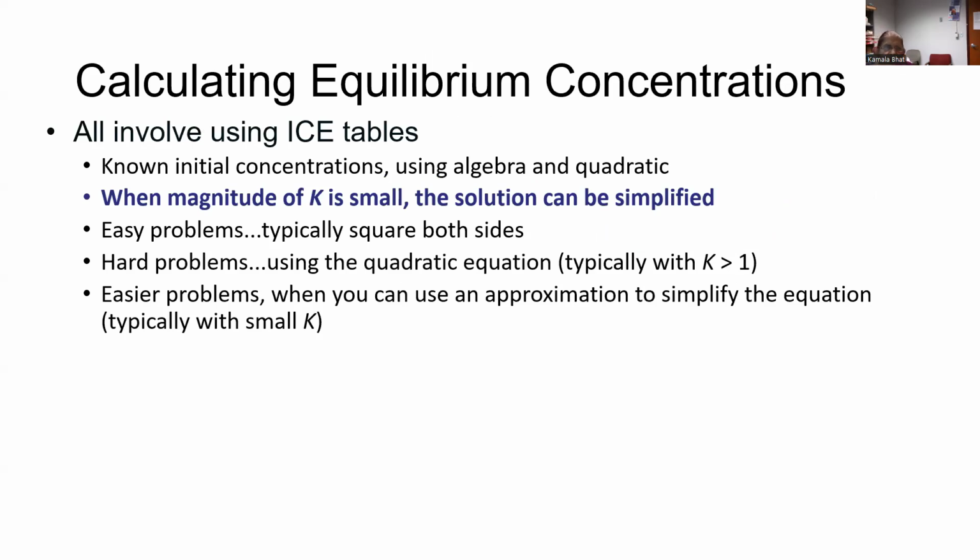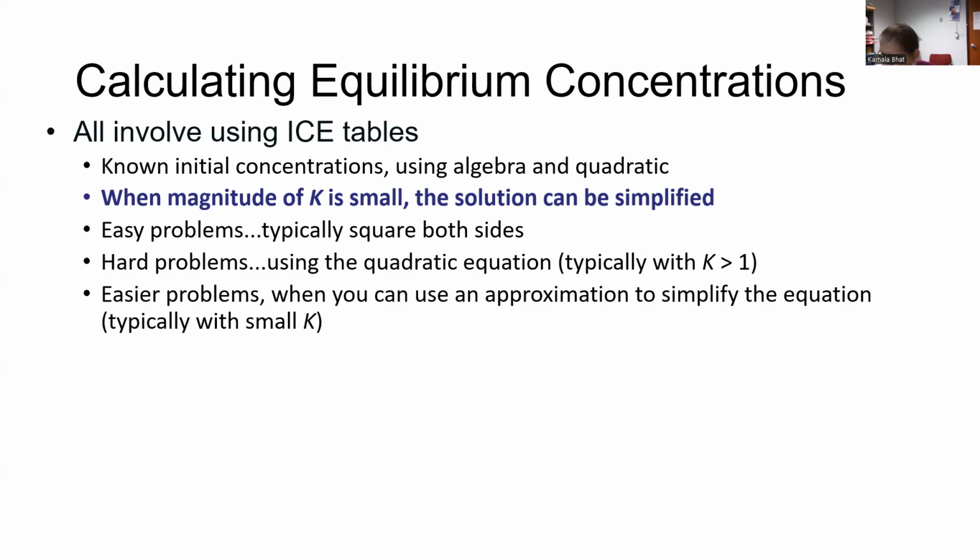The last one is when calculating equilibrium concentrations, generally they involve ICE tables, and it is easy to solve with ICE tables, and it tells you exactly what to do. If K is very large, much greater than 1, then we have to use the quadratic equation.